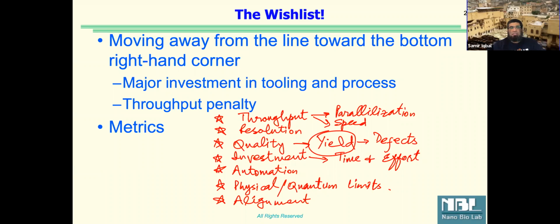And alignment is related to that: if you make one layer, then when you come back to make another layer, if the features are too small, it's very hard to align with what was made before. So there are lots of challenges with optical lithography. Questions?